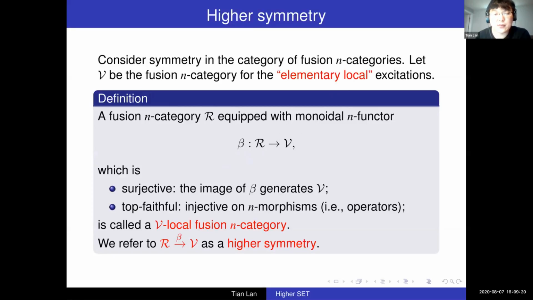And this beta, we want it to be surjective, and injective on the endomorphisms, or the operators. In our paper, we call this structure a V-local fusion n-category. And in this talk, I will just refer to this data R, beta, and V as a higher symmetry.